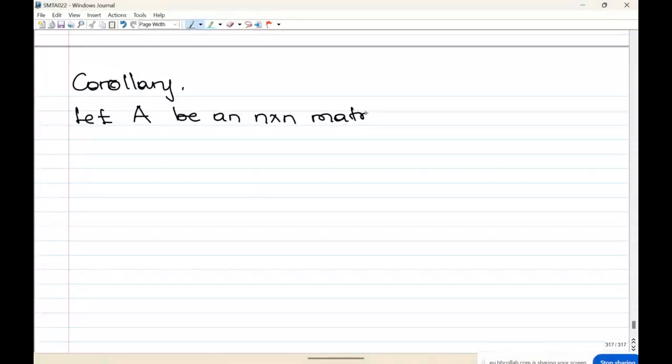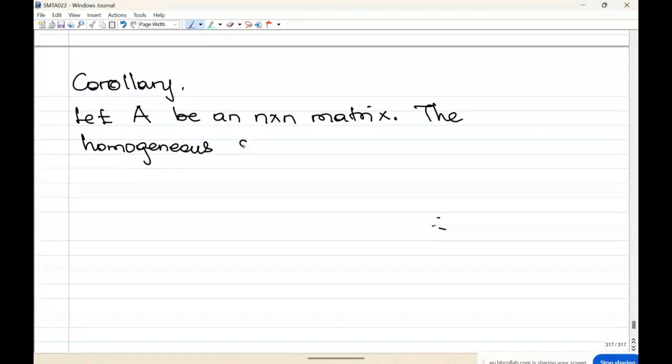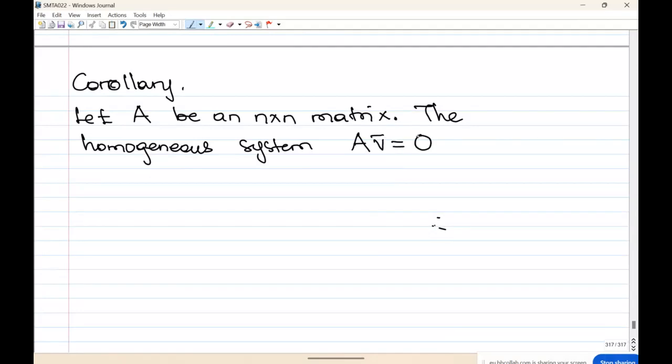And on this square matrix, you and me, we know about the homogeneous system: A multiplied by this vector V equals this 0.